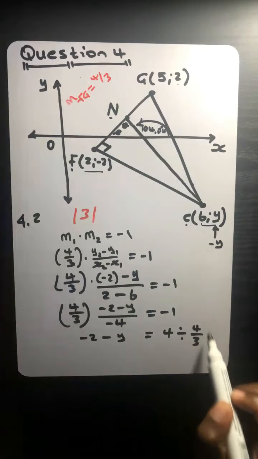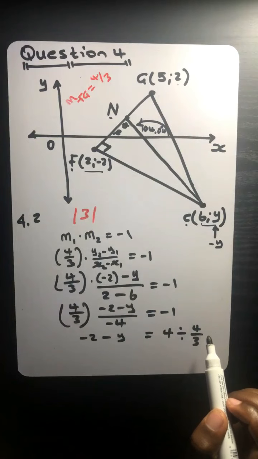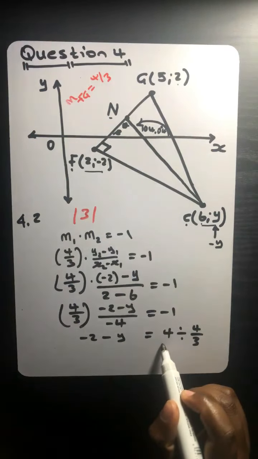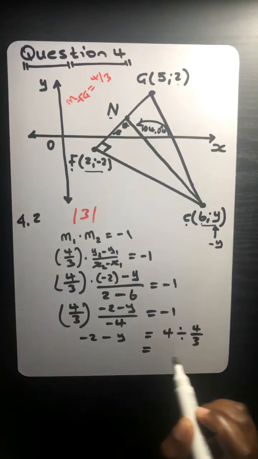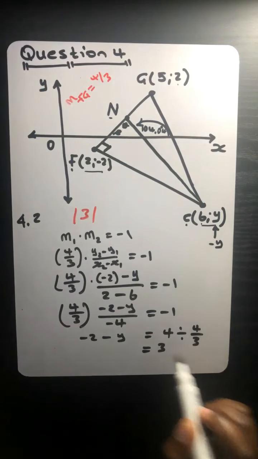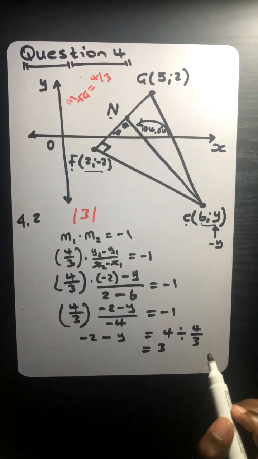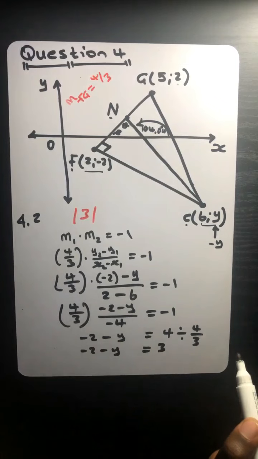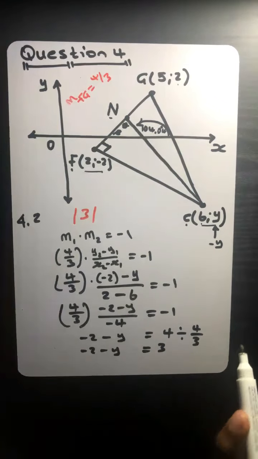So this is where you see that. Remember, guys, you can just punch all of this on a calculator. When that cancels, it's going to give you 3. And again, that means on this side you still have -2 minus y. Then you can transpose.